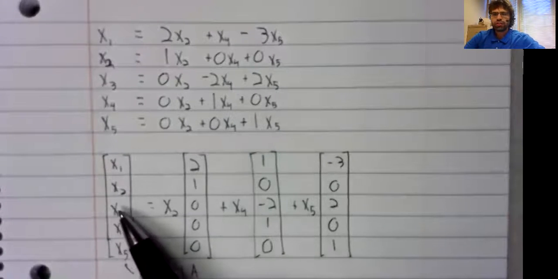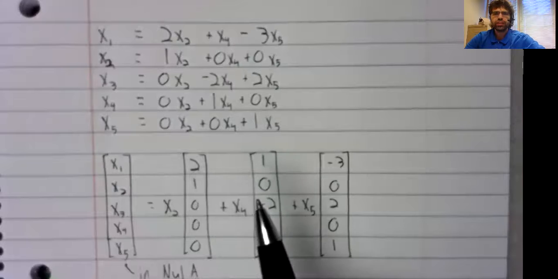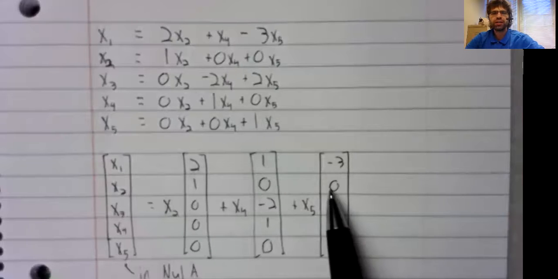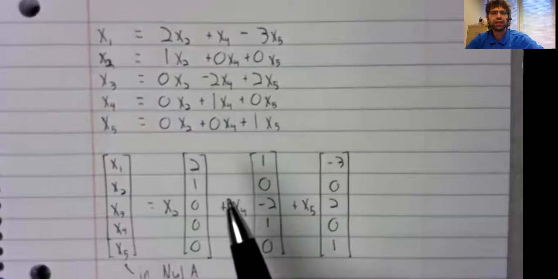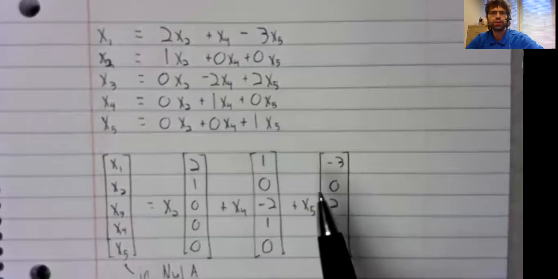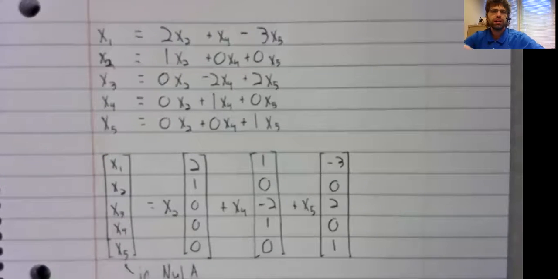So any vector in the null space is a linear combination of these three columns. So certainly these three columns span the null space. In fact, they're a basis of the null space. They are linearly independent.